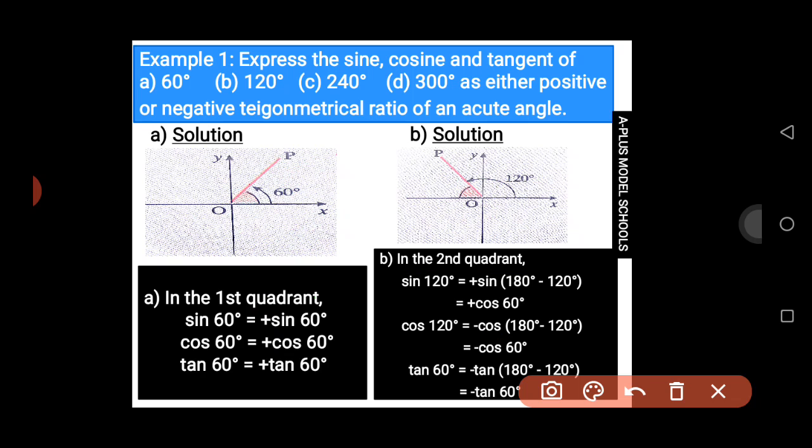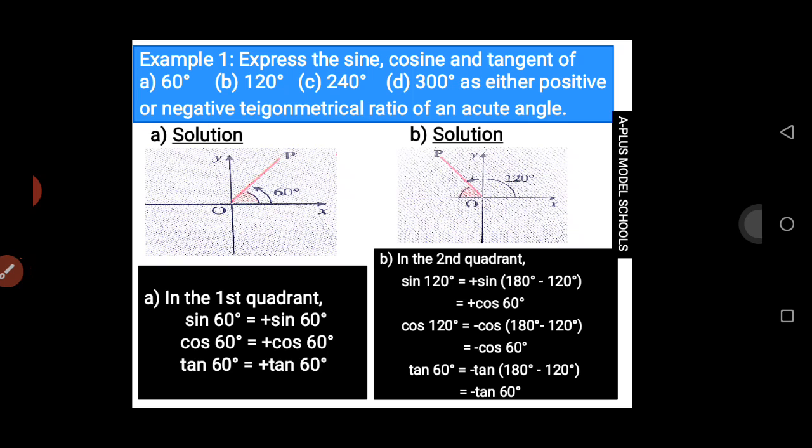Now, if I want to look for the angle under cos, cos is negative in the second quadrant. So that will give me minus cos 60 degrees. And tangent is also negative, because since sine is the only positive trigonometric ratio, the others will be negative, and they will give us the same value, which is 60 degrees.